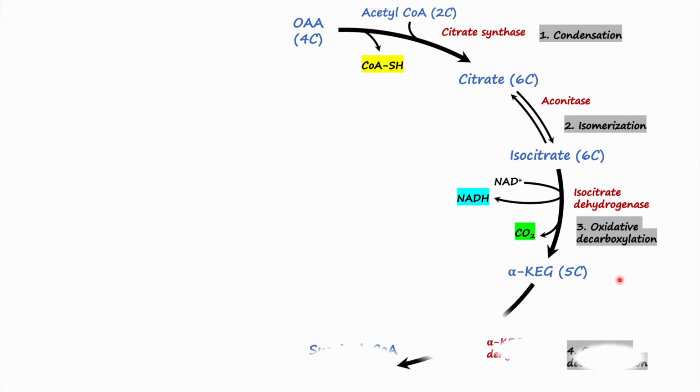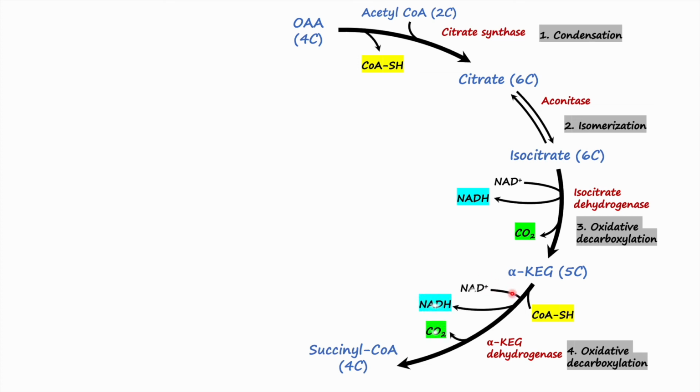Now the fourth reaction of the citric acid cycle is the oxidative decarboxylation of alpha-ketoglutarate to succinyl coenzyme A. The reaction is carried out by the enzyme alpha-ketoglutarate dehydrogenase, and this is the third irreversible reaction of the citric acid cycle. Similar to the previous reaction, this reaction also reduces NAD plus to NADH, and it also expels a carboxyl group as carbon dioxide.